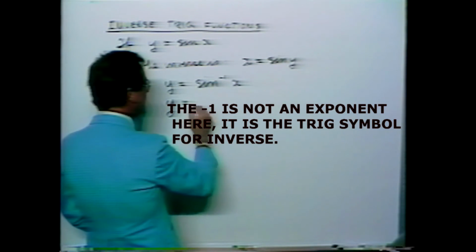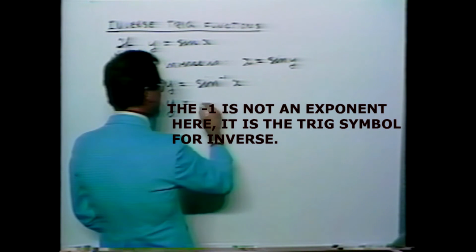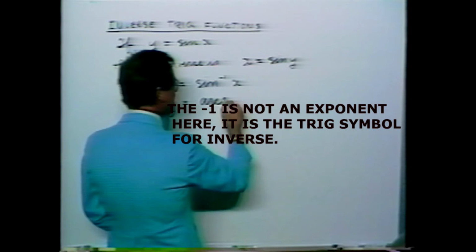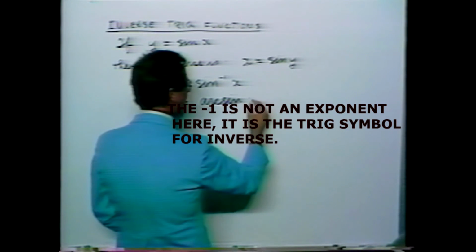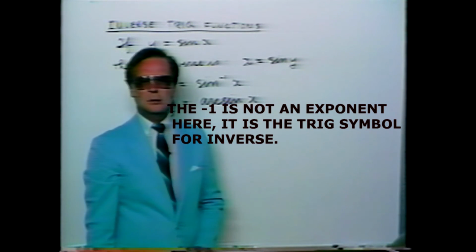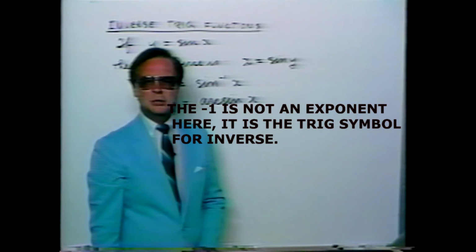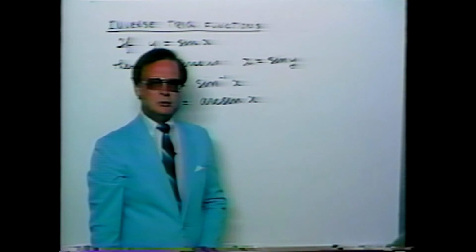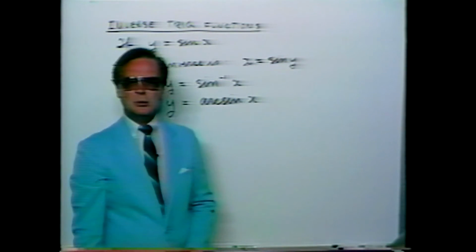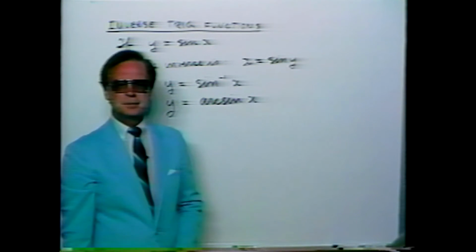There is another way to write the same idea, and it is by writing y equals the arc sine of x. Your calculator will have inverse function keys for each of the primary trig functions, sine, cosine, and tangent, but not for the reciprocal ones. You will have to determine the other reciprocal functions on your own through primary function results.